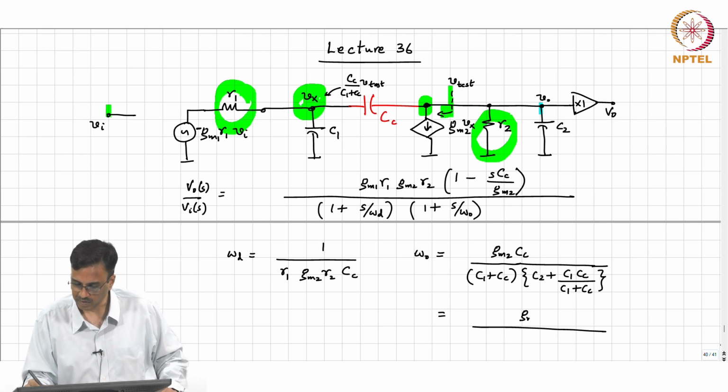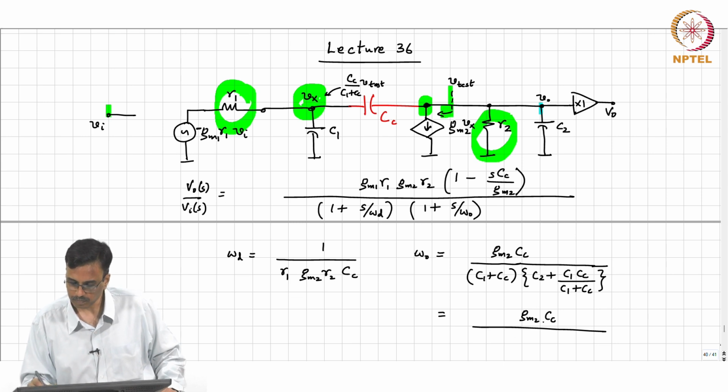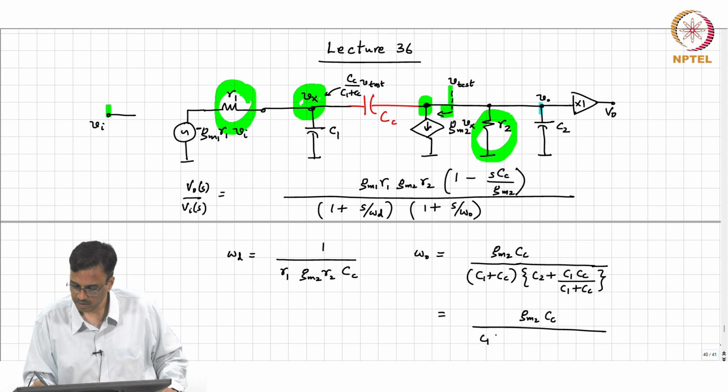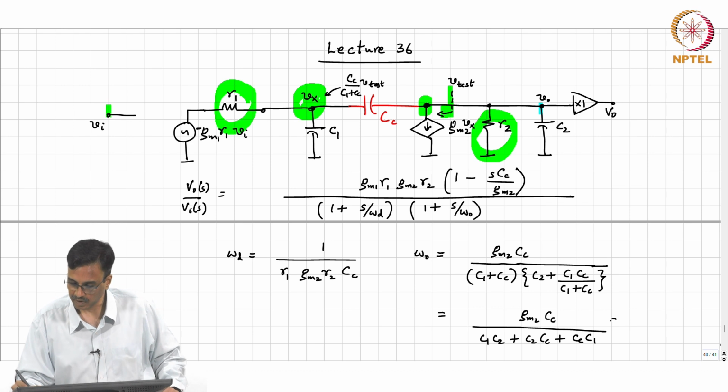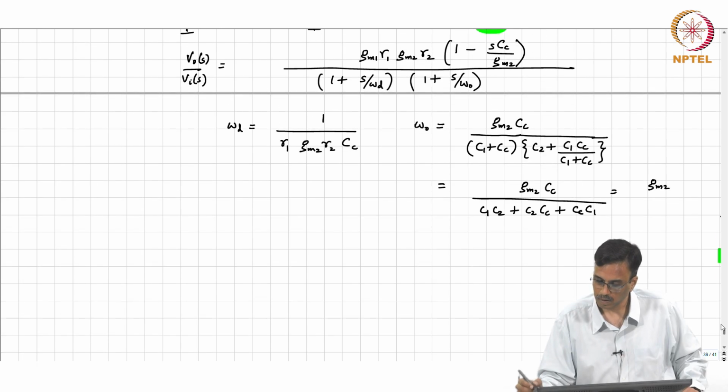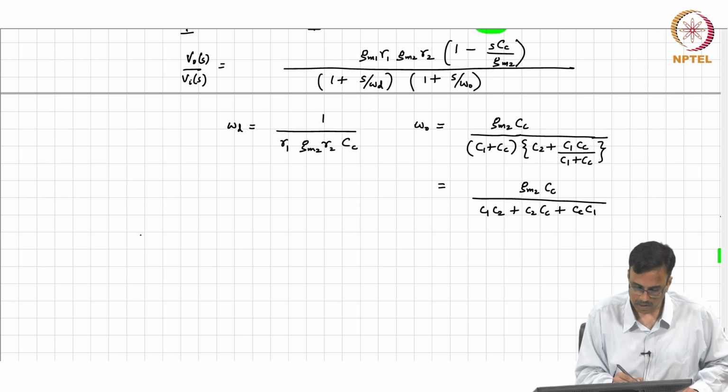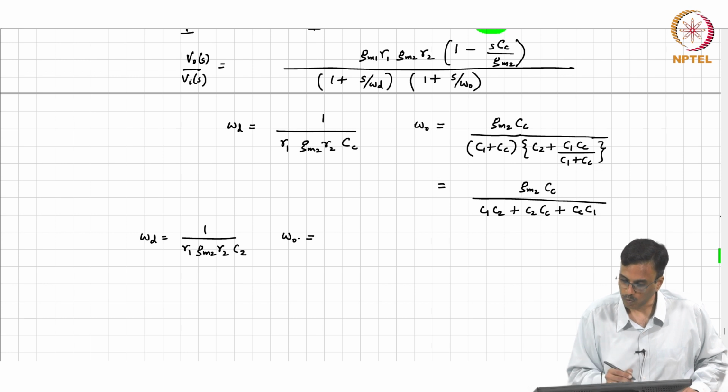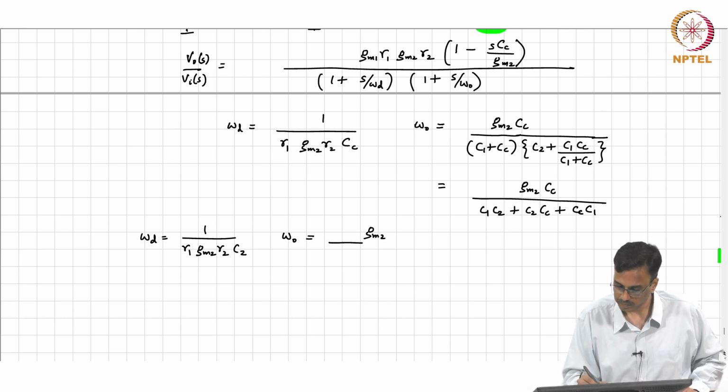Consequently this basically is Gm2 Cc over C1 C2 plus C2 Cc plus Cc C1, which can be written as Gm2 over... So omega d is 1 over R1 Gm2 R2 Cc, and omega naught, the second pole, is nothing but Gm2 over C1 plus C2 plus C1 C2 over Cc.